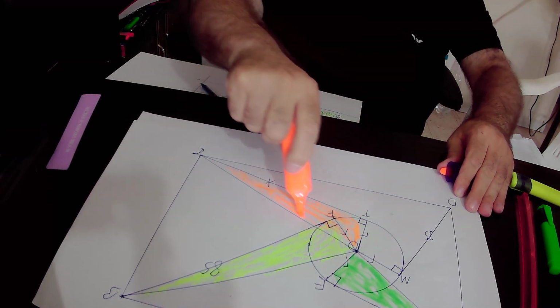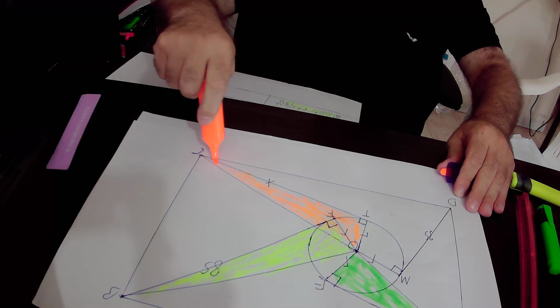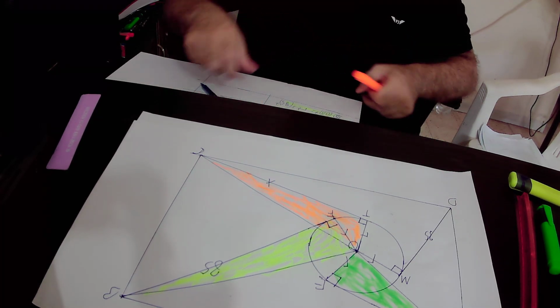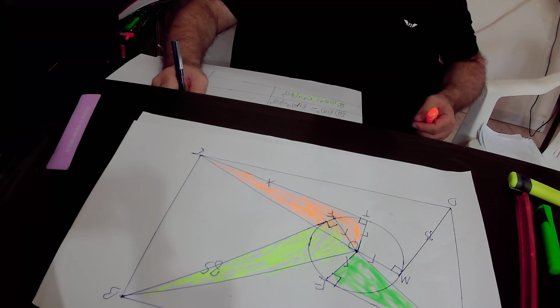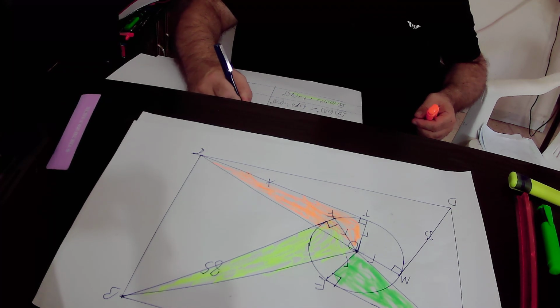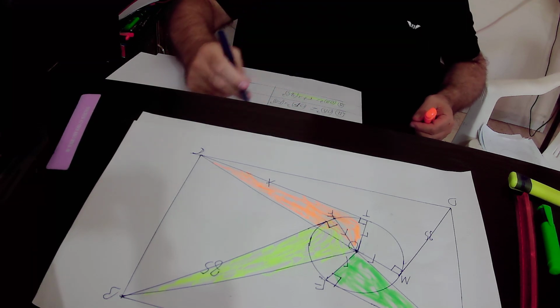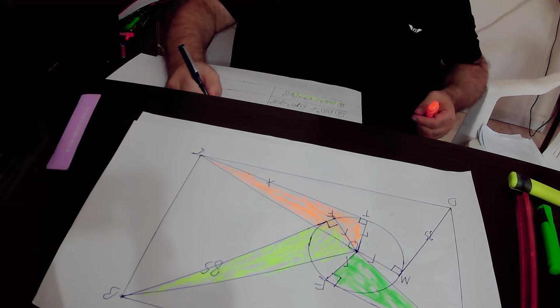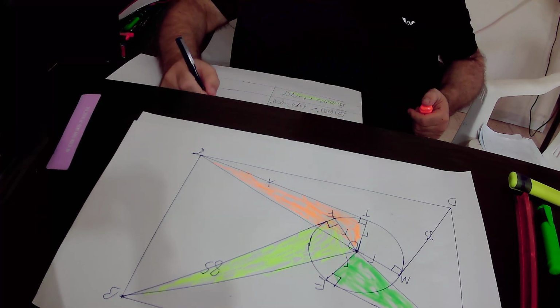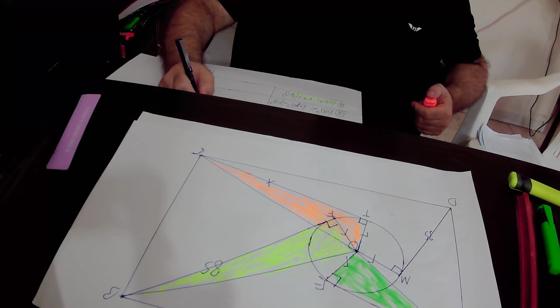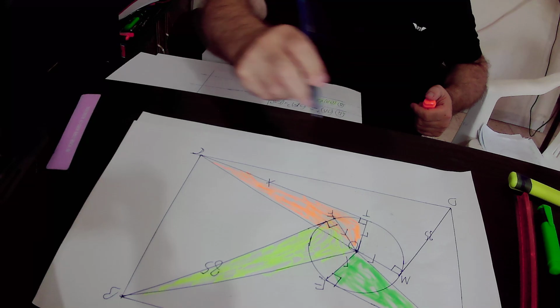According to the Pythagoras theorem, in the right orange triangle TOC, we get that CO square equals OT square plus TC square.